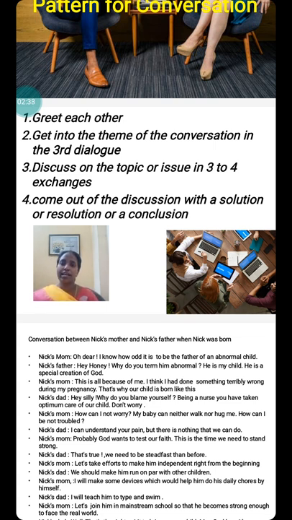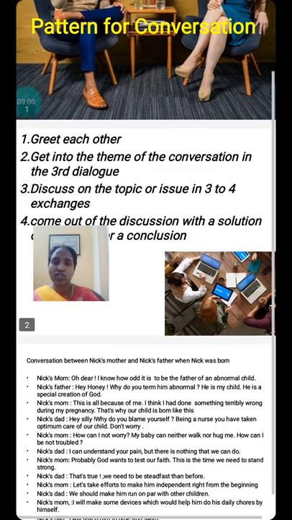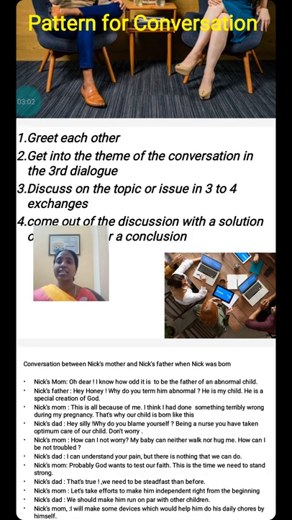So in the first sentence itself we make the entire story: there is an abnormal child born for them and they are feeling bad about it, and the conversation is going to rotate around it. Secondly, further, "Hey honey, why do you term him abnormal? He is my child. He is a special creation of God." So he is trying to pacify the mother.